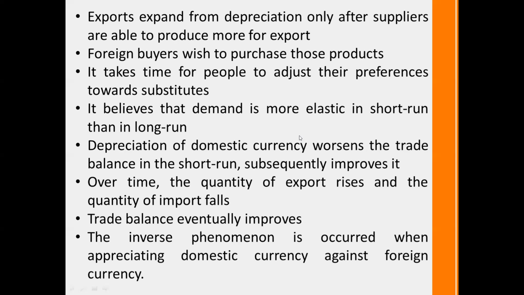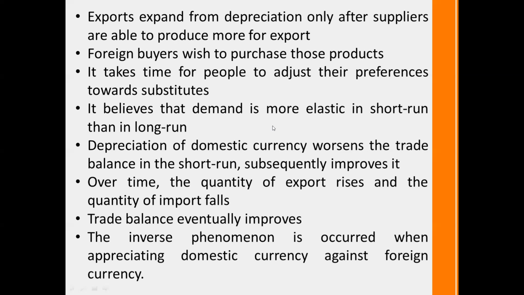So as time moves on, people change to substitute products, then import demand decreases, and now we are ready to provide more exports, then export income increases, then the trade balance eventually improves.